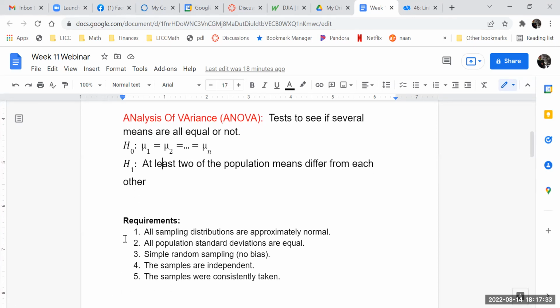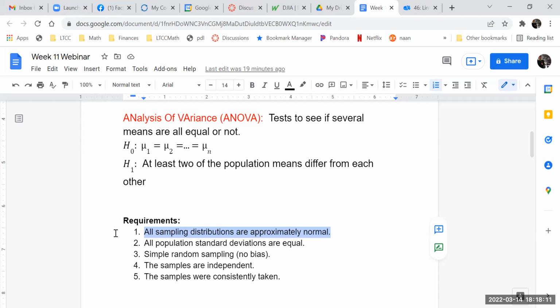So here are the requirements. This is what you need to be able to use ANOVA. The first is all sampling distributions are approximately normal. If we were doing the 50 states, for example, and we wanted to find out if average heights were all the same, I have no idea if the average height in Texas is normally distributed, not to mention Pennsylvania or Kansas, or Minnesota.